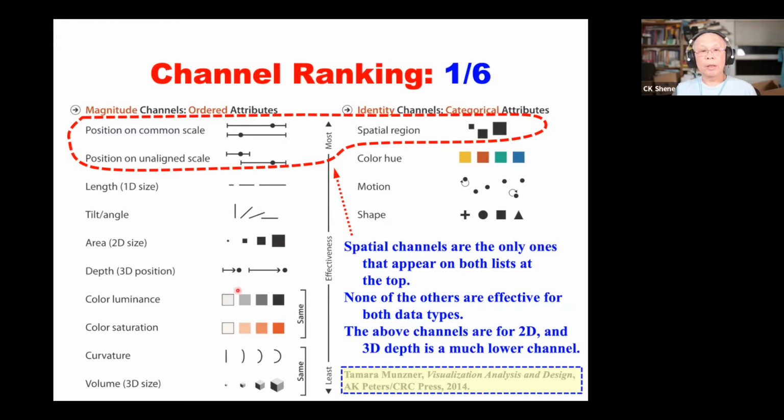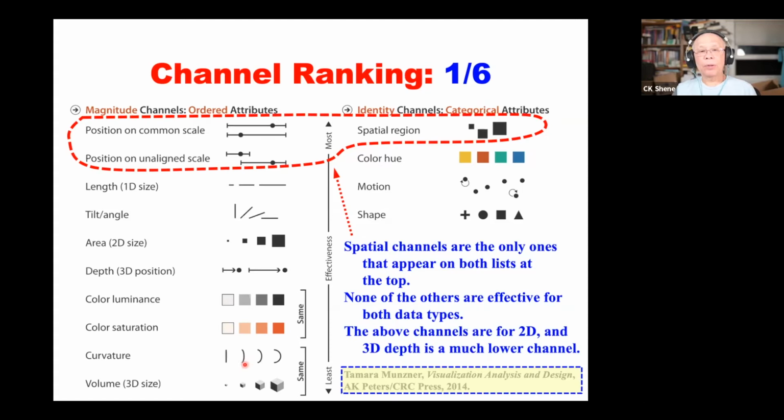Now, look at here, color luminance and color saturation. They are at the same level. It's very difficult to distinguish between this color and that color, and this level of saturation and the other level of saturation. Curvature. People can easily recognize a vertical line or straight line or a semicircle. But between that, sometimes it's very difficult for people to say this one is different from the other one.